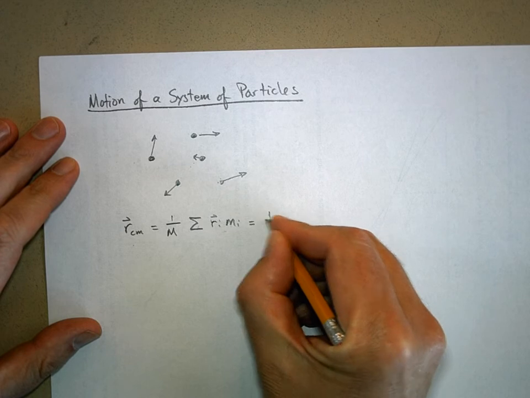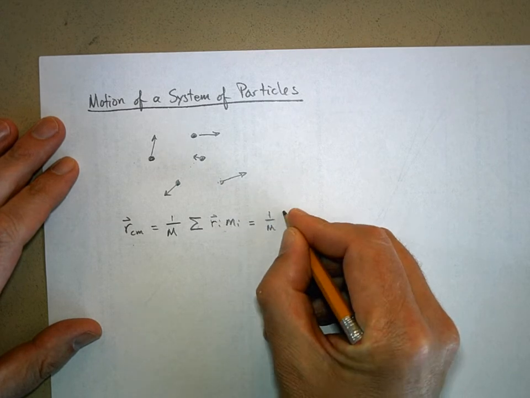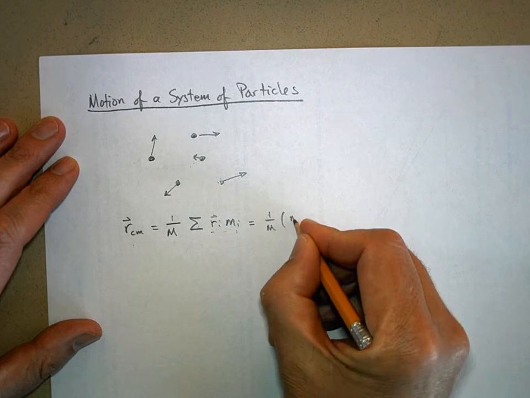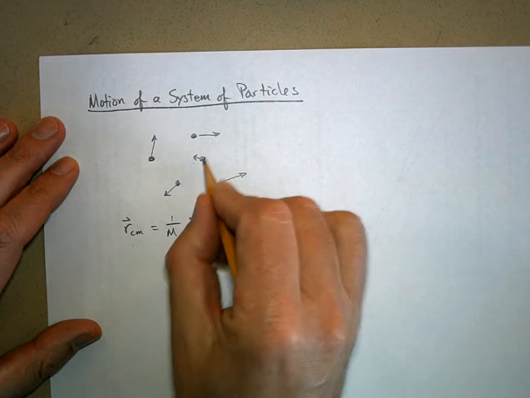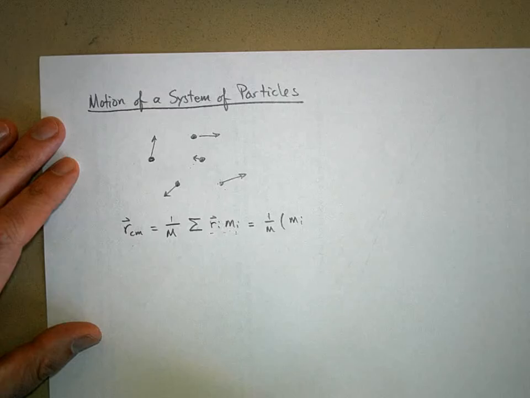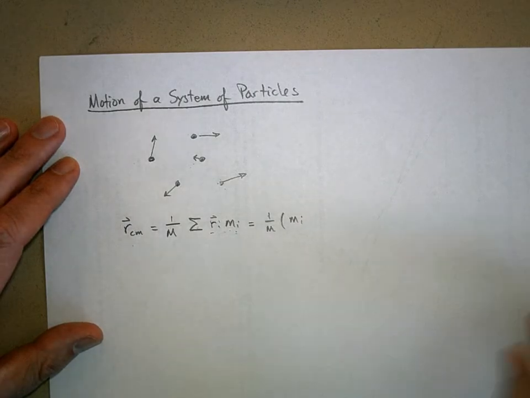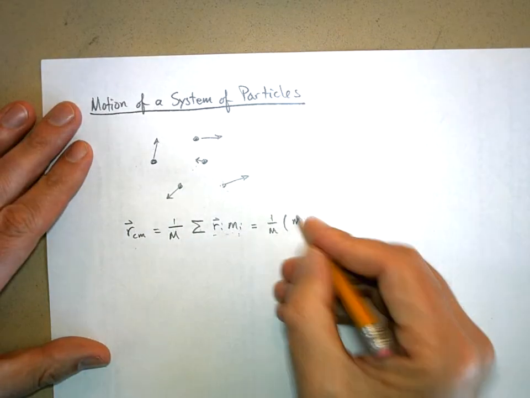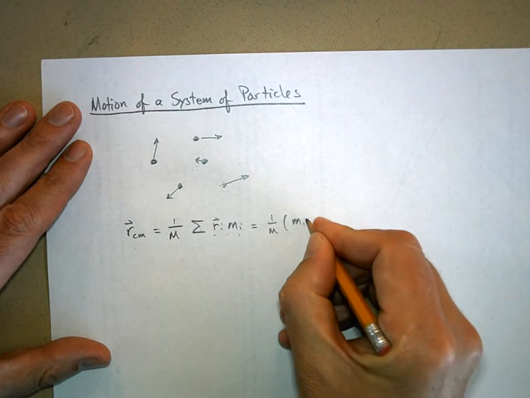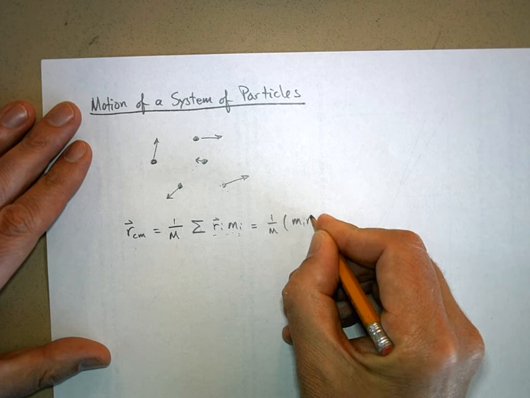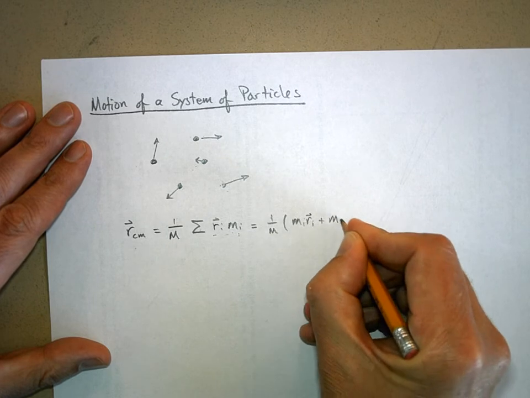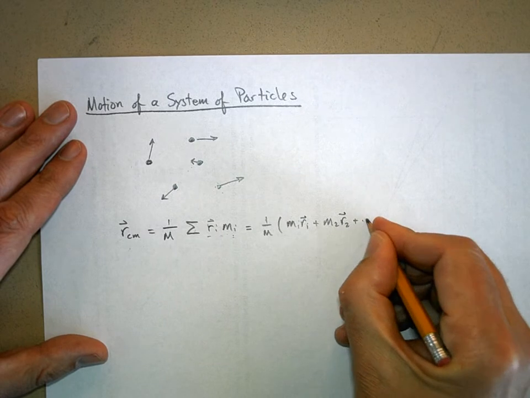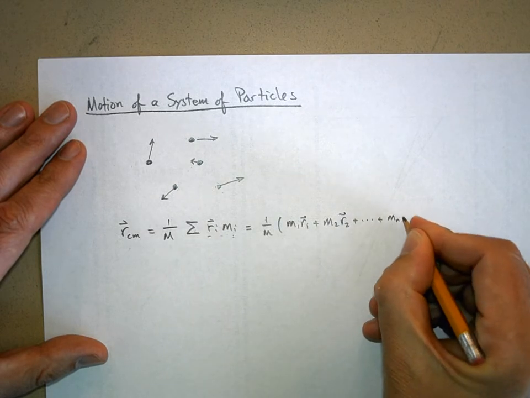So let's take a look at this. This is 1 over m times, I'm going to switch the order. It doesn't matter which one you put first, but let's say the masses of these particles are not changing with time. m1 r1 plus m2 r2 plus ... plus mN rN.